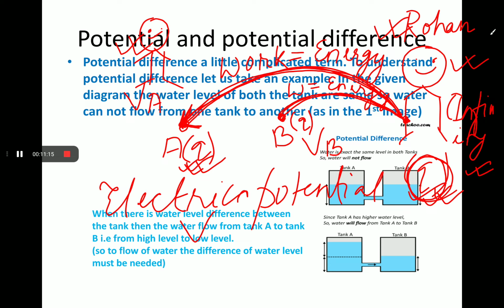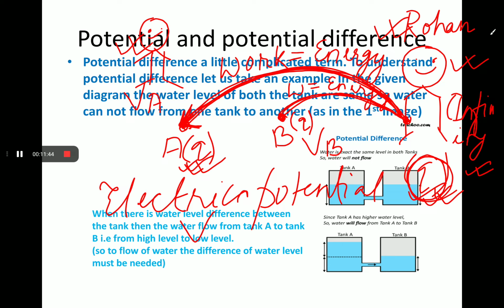Now we have 2 points, A and B. We have to find the potential difference. Students, pay attention: when the charged particle is brought from infinity to a particular point, the amount of energy spent in bringing the charged particle from infinity to that particular point is the electric potential of that point.